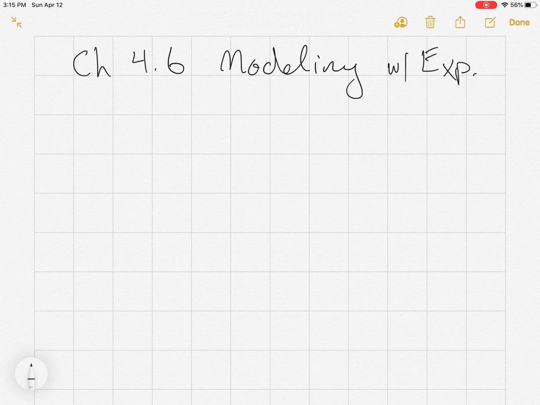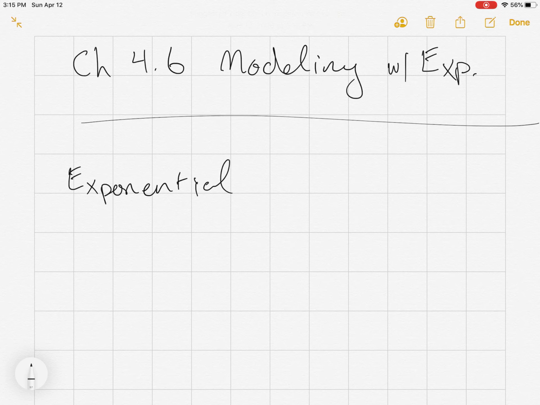All right. So the first thing that we're going to look at is exponential growth.